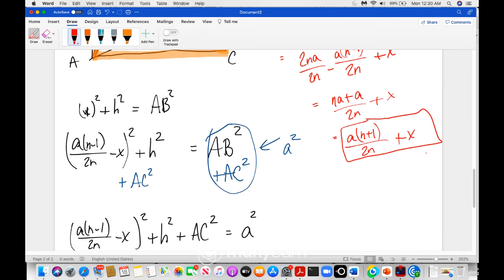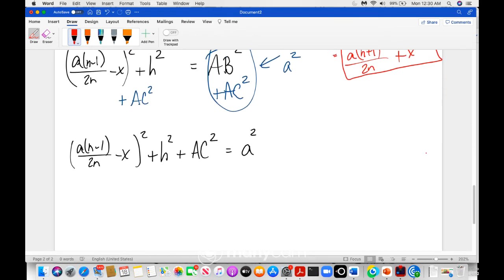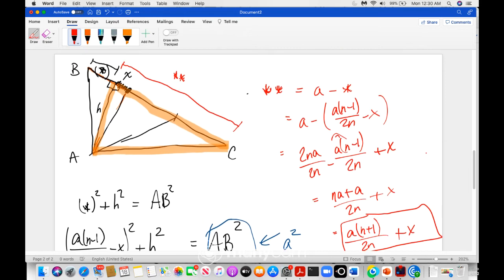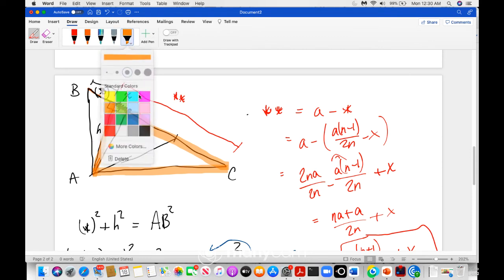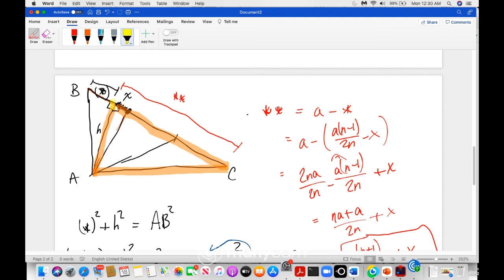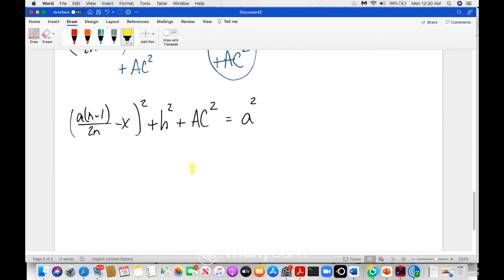So now if I scroll back here, we actually have AC squared because according to the Pythagorean theorem, I'm now going to add this length to both sides. What do I mean by this length? I mean this length. I'm going to add that to both sides. I'm going to add h squared.